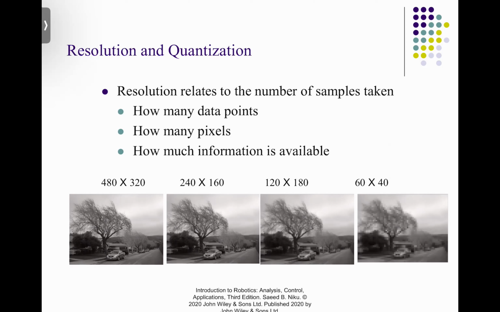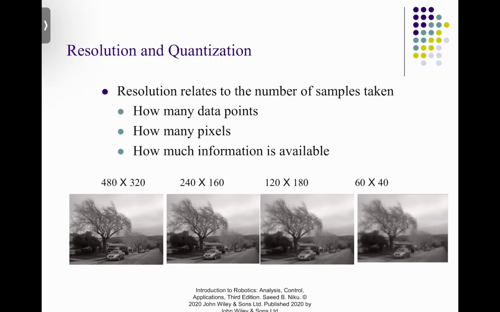If it is just 2 to the 2, which is 4, then you only have 4 shades that you can represent. So as you can see, the higher the resolution and quantization, the better the image. You can represent a teeny tiny change very nicely with a higher quantization, and you can capture the entire image by increasing the resolution.